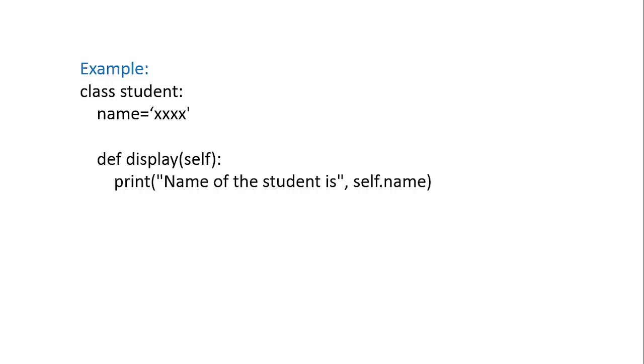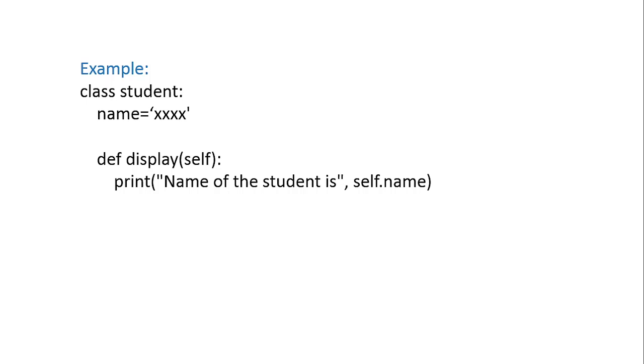So here, let us see how to create a class. We have created a class with the name student, and inside the class you are creating an attribute called name, and you are storing the name of the particular student. Then you are displaying the name of the student in a display method which is present inside the class.